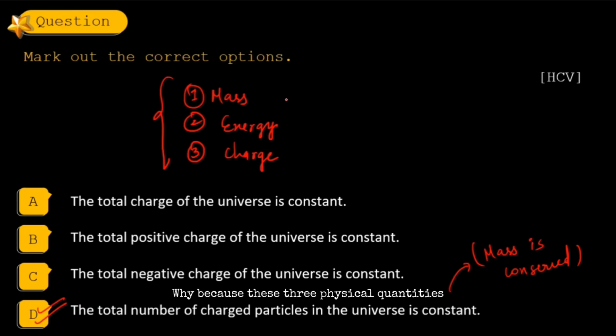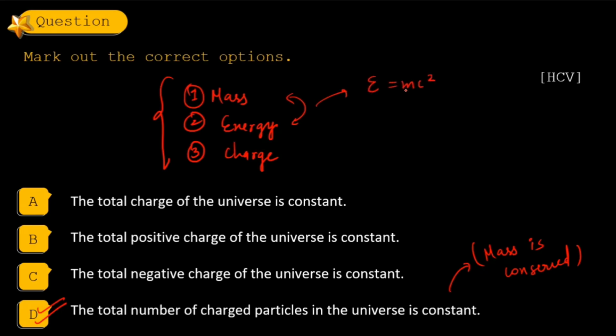Why? Because these three physical quantities are actually interrelated. Mass is interrelated with energy by Einstein's famous relation E equals mc squared. So here energy and mass are interrelated. Similarly, mass is also related to charge by whatever we have learned so far in this unit. So always remember these points.